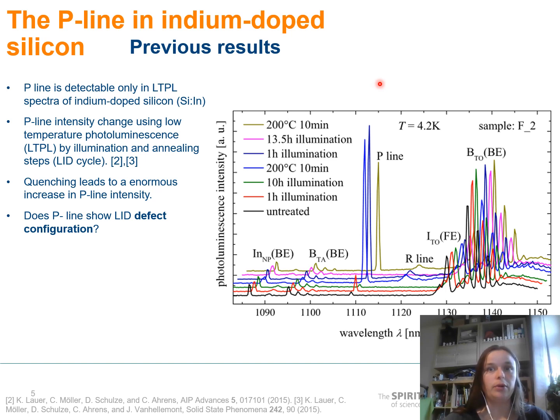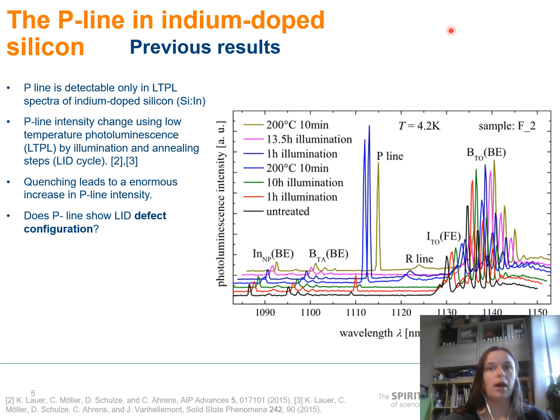The second property or observation is that the P-line intensity changes during illumination and annealing steps. We call that the LID cycle. And this intensity change reminds us of the charge carrier lifetime change.